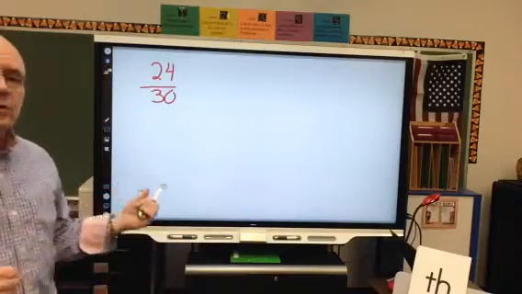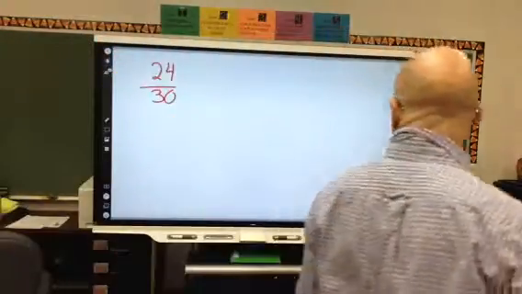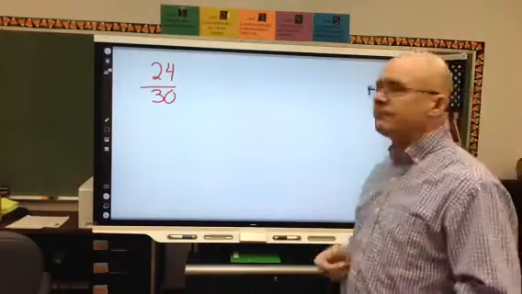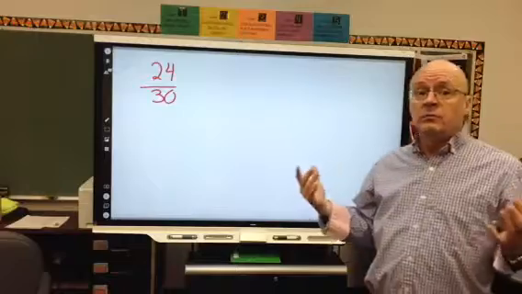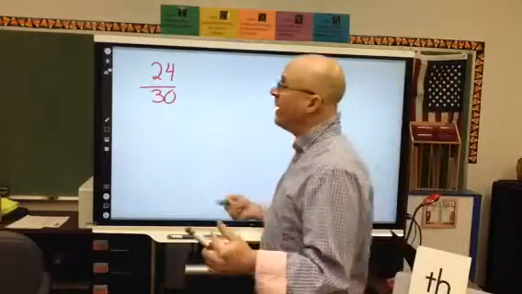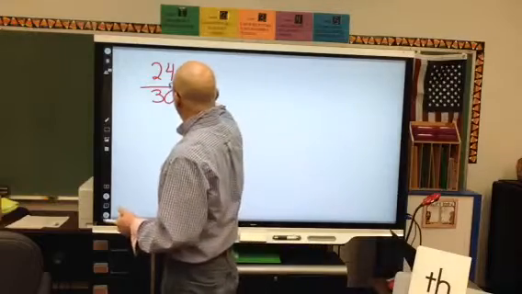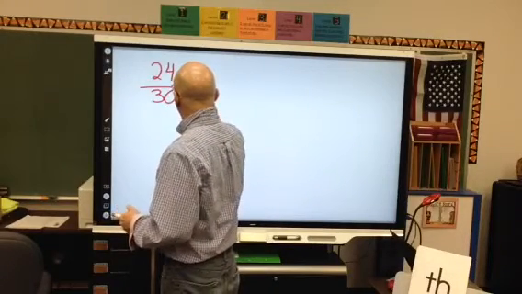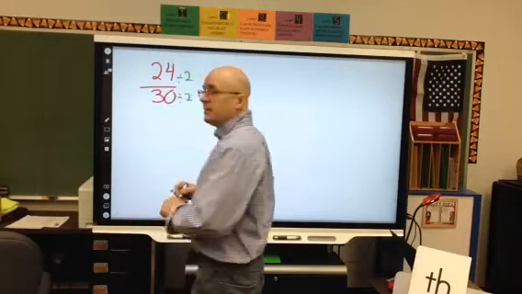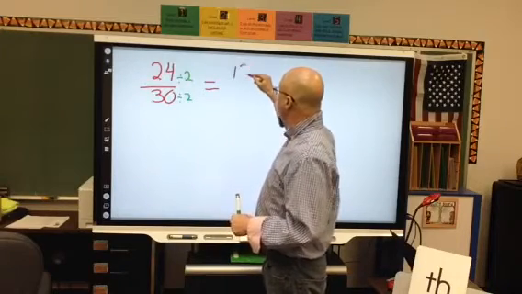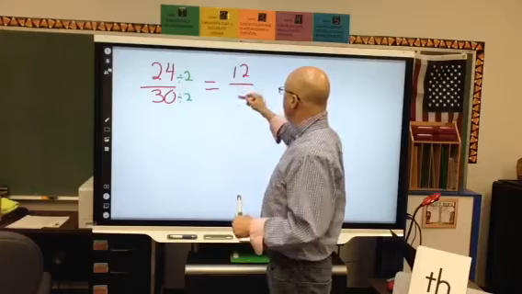And when you look at those, you've got to say, well, what can I divide the numerator and the denominator both by? Well, hopefully you can see that you can divide them both by 2, right? They're even numbers. I can divide this by 2, and I can divide the denominator by 2, and I would get 12 over 15.